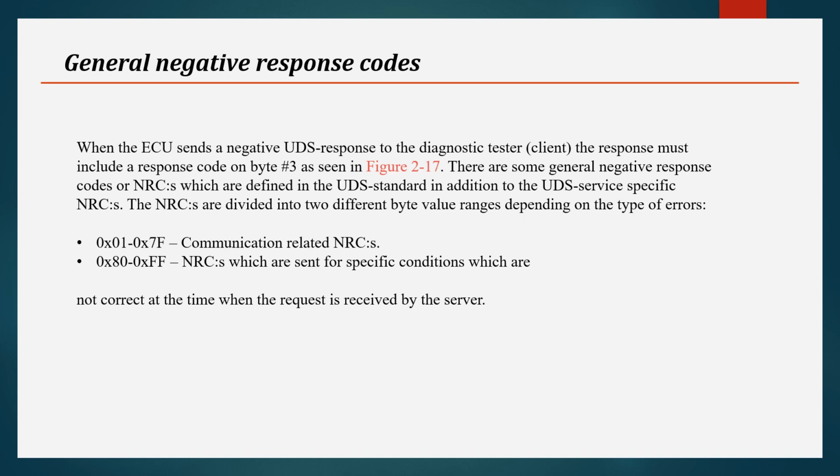One category falls under the code range 1 to 7F, which is mainly related to the communication related NRCs, and the other part is 80 to FF. As we are using 1 byte, the maximum is 0 to FF, these are the maximum possibility of negative response codes.